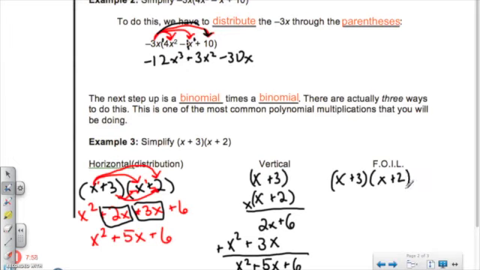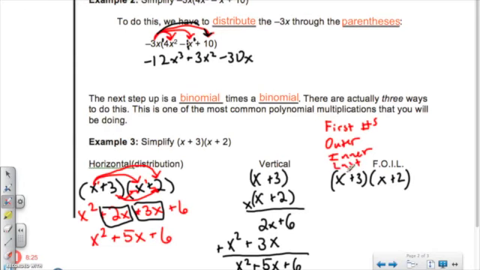But if you happen to see FOIL when you're watching other videos or studying on your own, what that stands for is your F is your first numbers, your O is your outer numbers, I is inner, and then L stands for last.